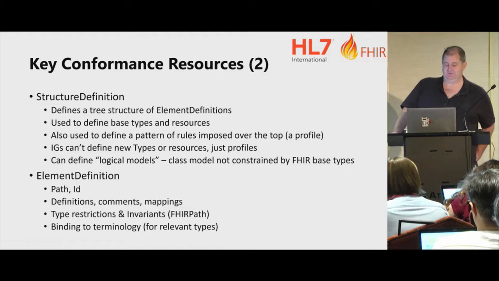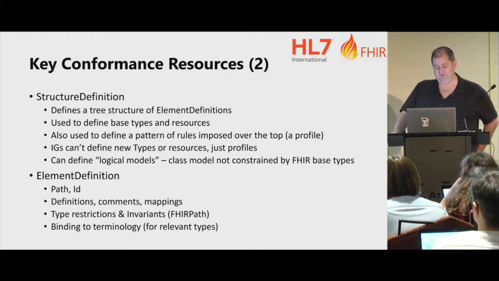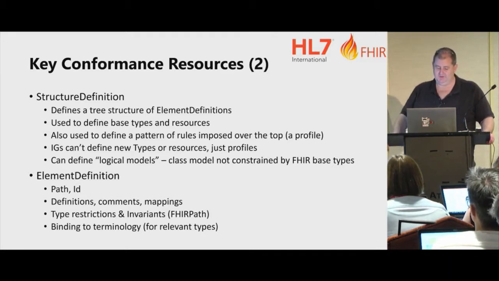And quite a few implementation guides do that. And then for each element in the tree, there's an element definition which has got a path and ID that identify it, definitions, comments, mappings, type restrictions, invariants, and bindings to terminology. And some of those ideas will keep recurring later.